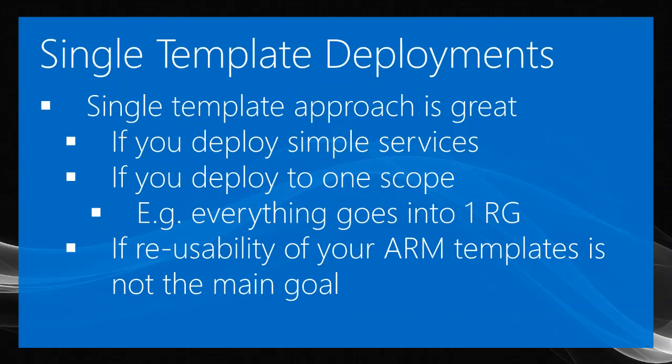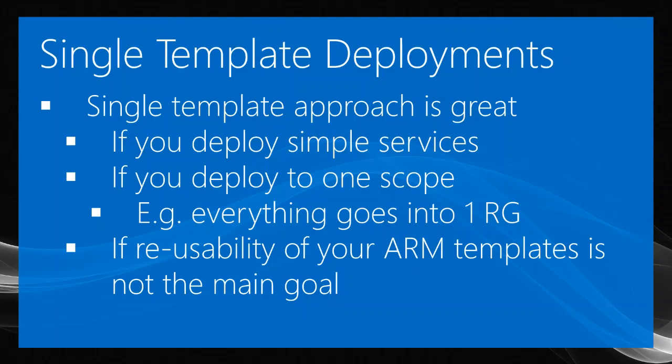It's okay to author. And then what's also interesting is that if you have a single file, you can only deploy that single file to one scope. If you remember from one of the first live streams, we talked about different scopes that you can use to deploy your ARM templates, which could be a resource group. So for instance, if you want to deploy resources, they normally go into a resource group, right? But then there's also other scopes you can use, for instance, a subscription.